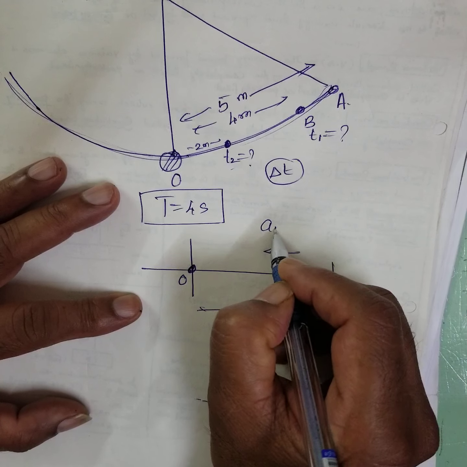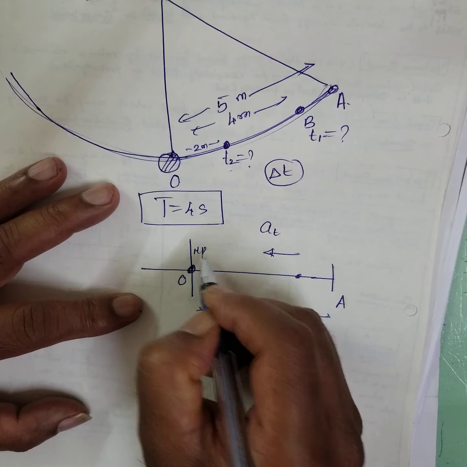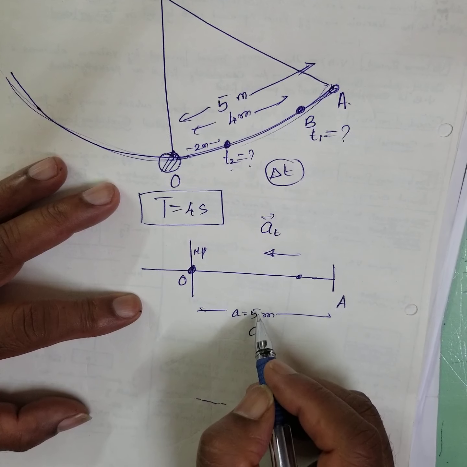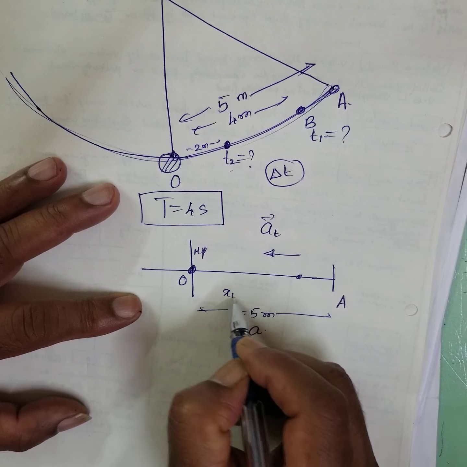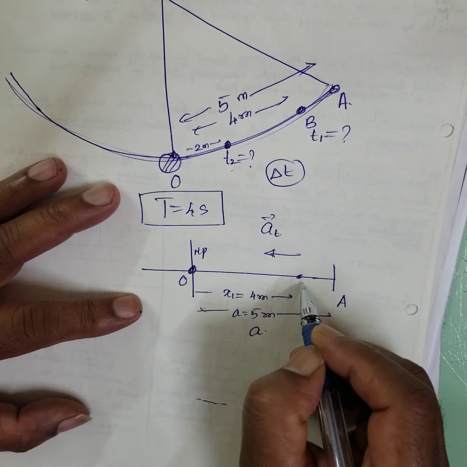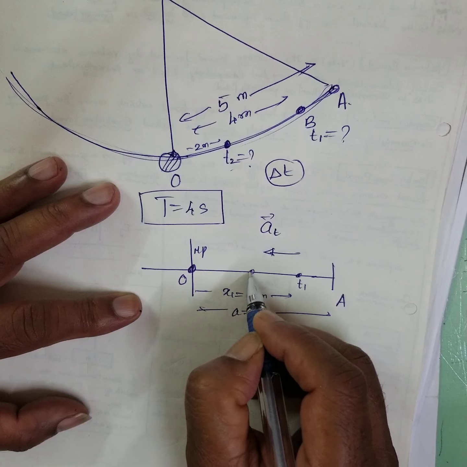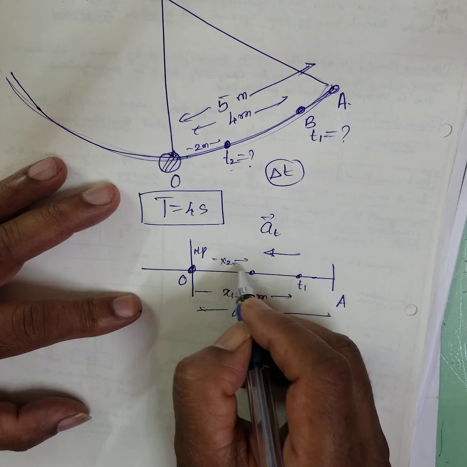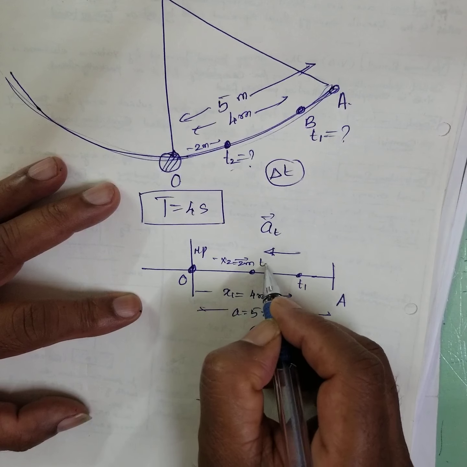That means acceleration towards the mean position, right? This is x. What is x here? This is x equal to a. Here x1. What is x1? 4 meter. This is t1. This is x2, right? x2 is equal to 2 meter, t2.